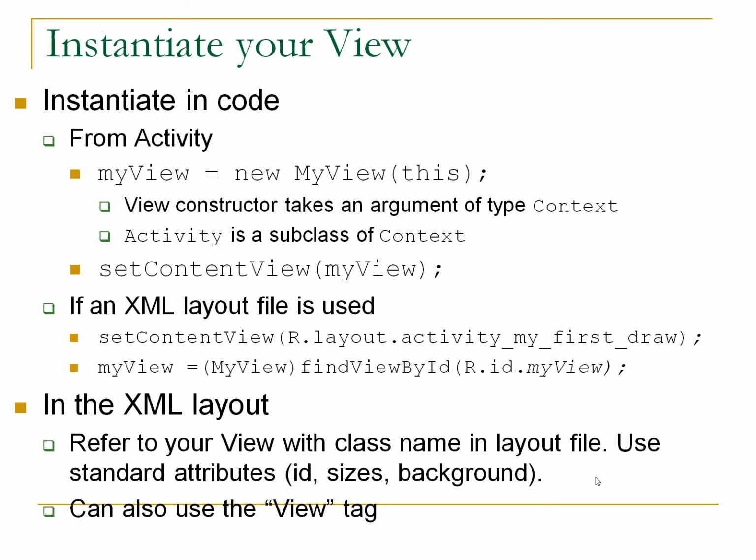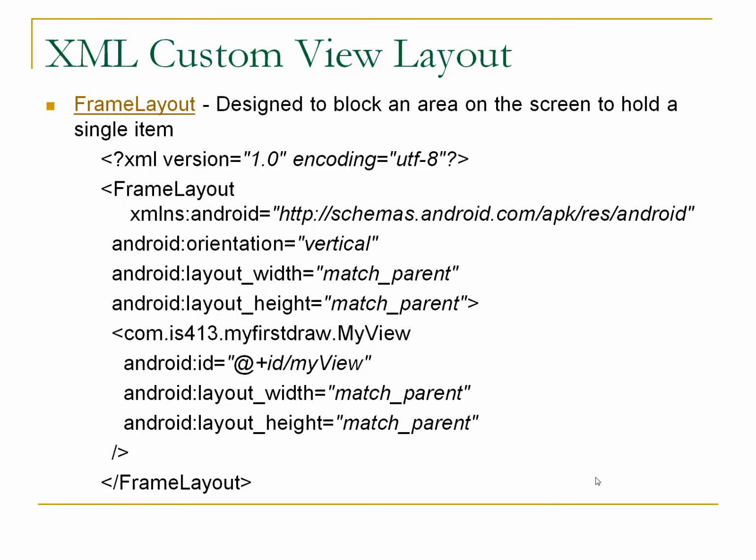So here's the situation where we have a view in an XML layout file. What have we got here? This is a new kind of layout, one we haven't looked at before. This is called a frame layout.